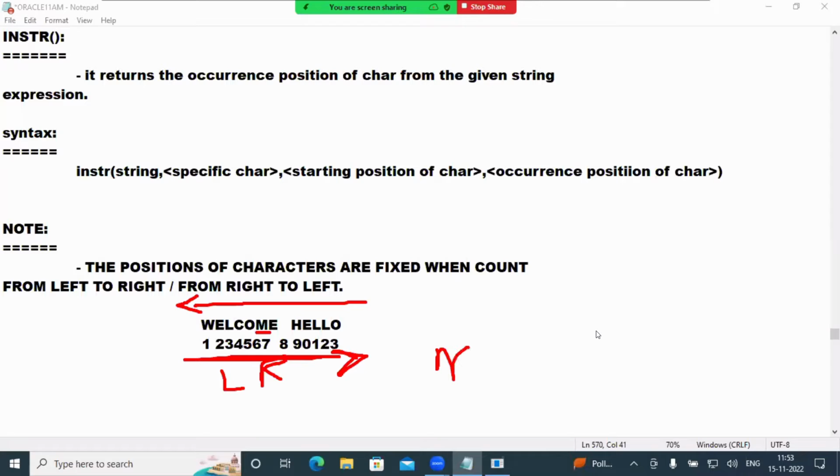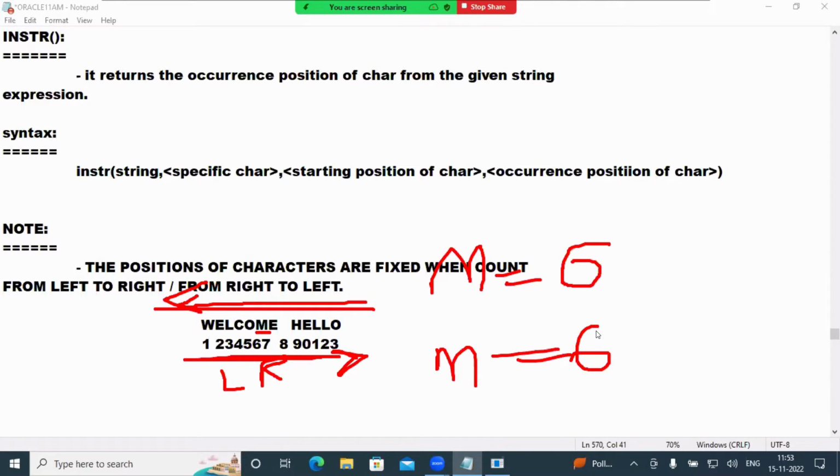So the M position will be 6. Now if I count right to left, what is the position of M, guys? Even then it is 6. So whether you're counting left to right or right to left, the position is the same.